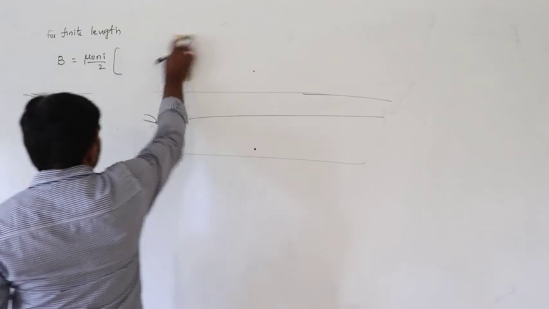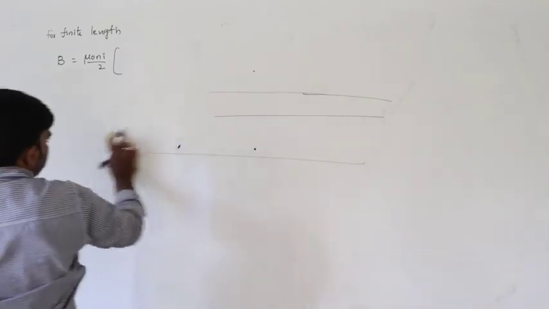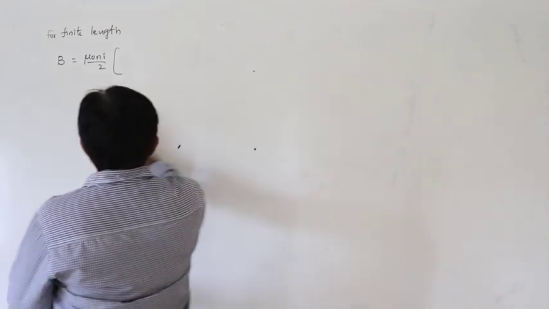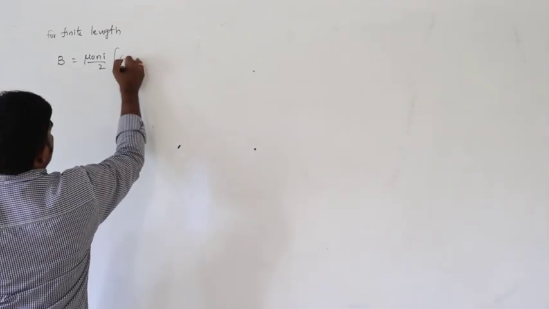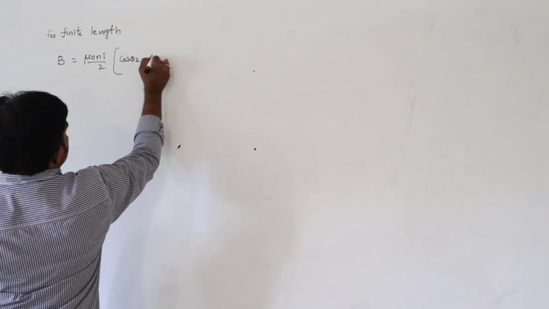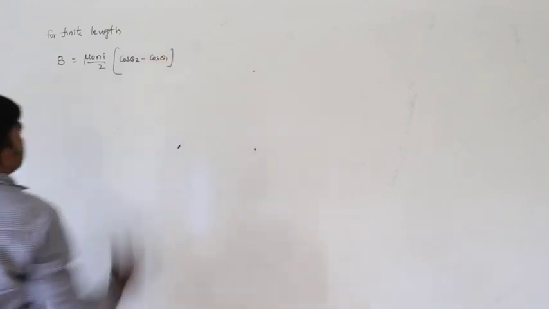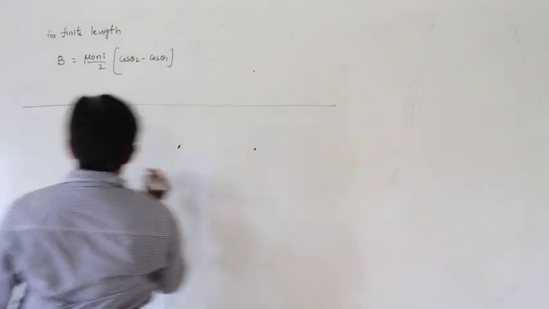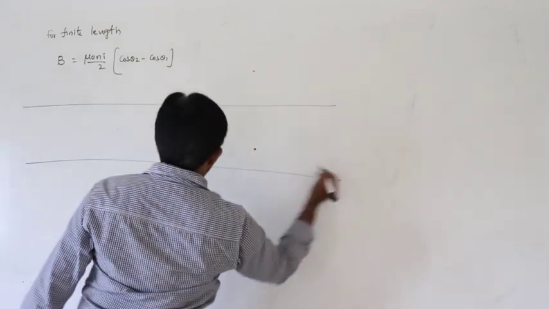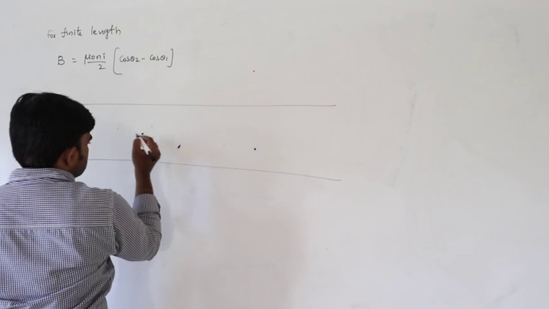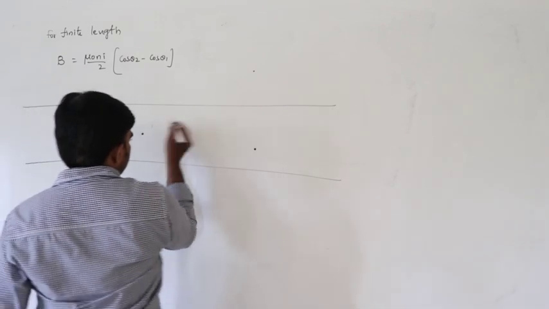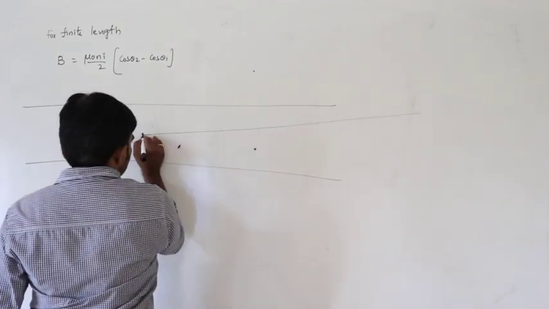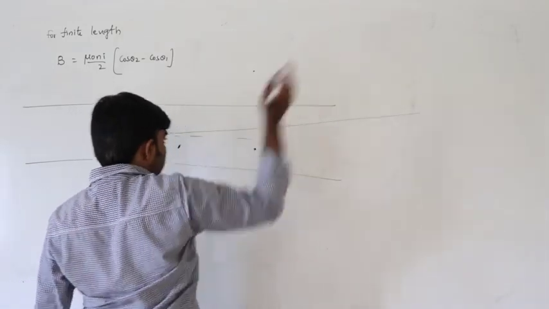So I am writing our formula only, the cos theta formula we derived: cos theta 2 minus cos theta 1, let us say. So this is of infinite length. Theta 1 must be measured like this, with this small angle, that is infinite length.